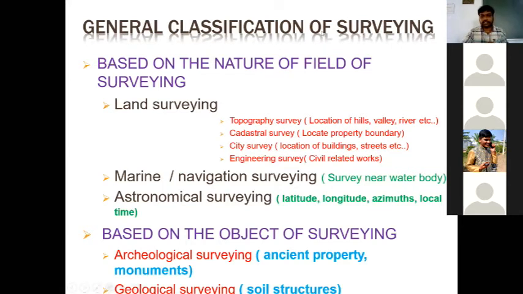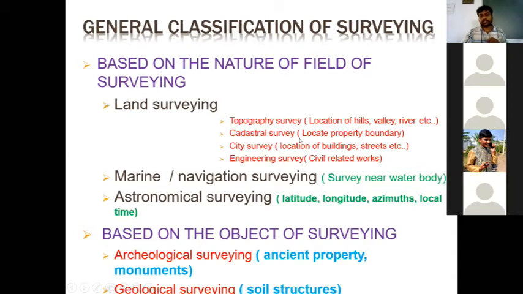Land surveying: in land surveying, we have topographic survey, cadastral survey, city survey, engineering survey. In the topographic survey, we do location of hills, valleys, rivers, etc.